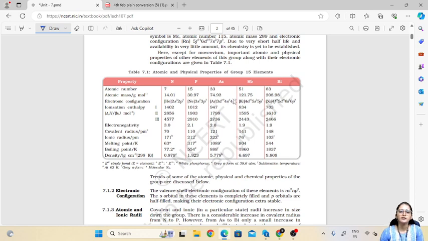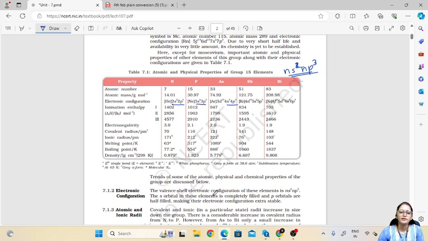The common thing you notice here is 2s2 2p3, 3s2 3p3, 4s2 4p3. That is ns2 np3, which is the general configuration of group 15 elements, followed in every element of group 15.